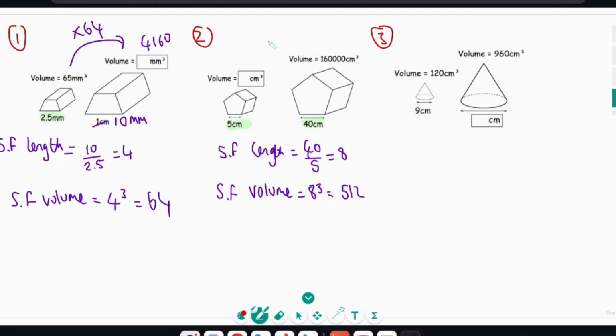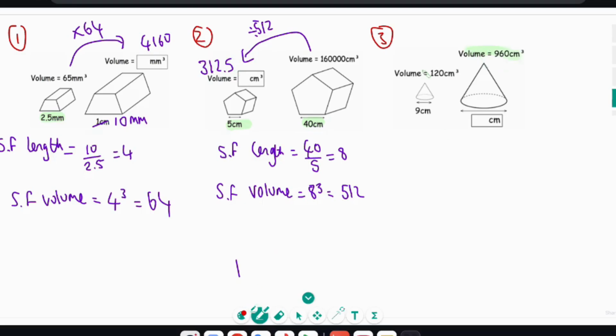We're going from the bigger volume to the smaller volume, so we're going to divide. We've got 160,000 divided by 512, 312.5.